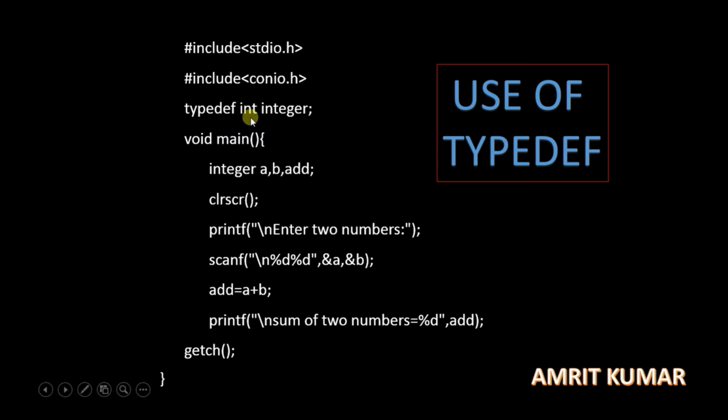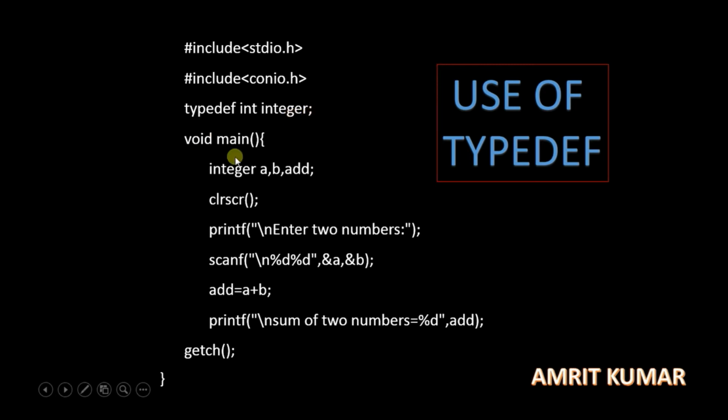This is the primitive data type that I am using, int, and this is the variable for the typedef. So if we write integer there, it means the C compiler understands it as the int primitive data type. This is the work of the typedef. After this, use the semicolon here. This is the required part.